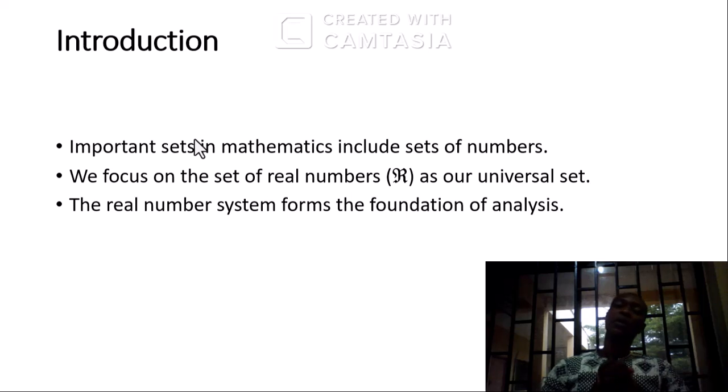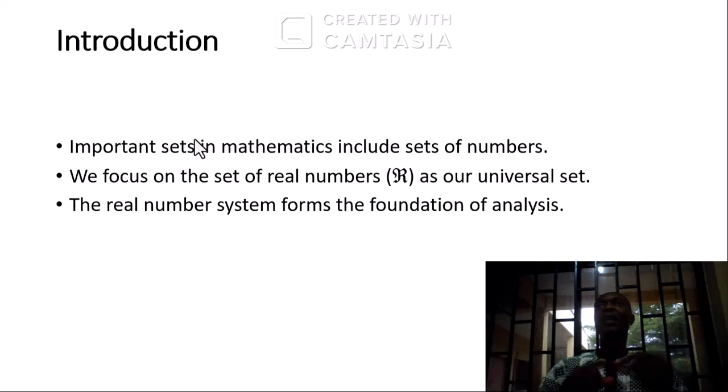Most important of all is the set of real numbers. Now what are real numbers? Here our universal set will be the set of real numbers. In your lower classes, you are familiar with rational numbers, irrational numbers, the set of integers, natural numbers, and the like.